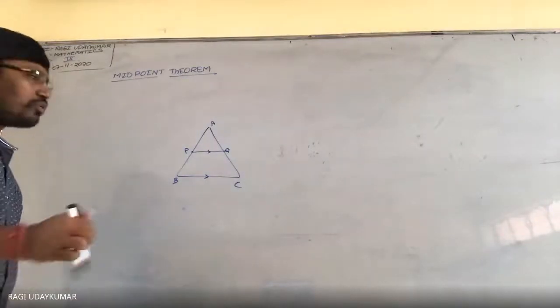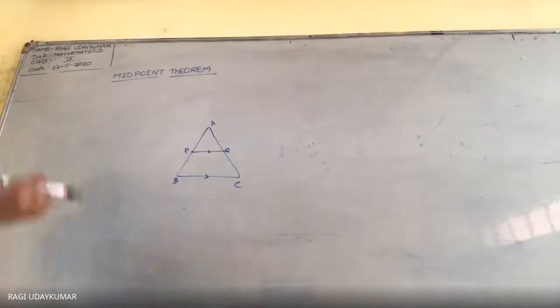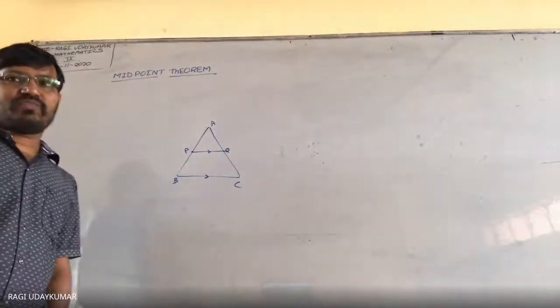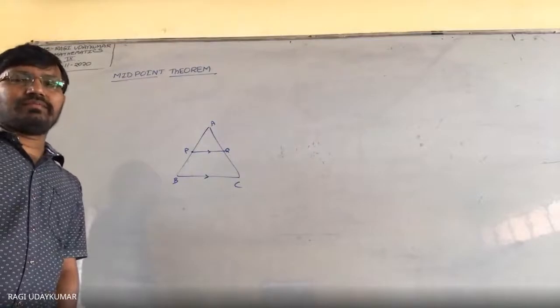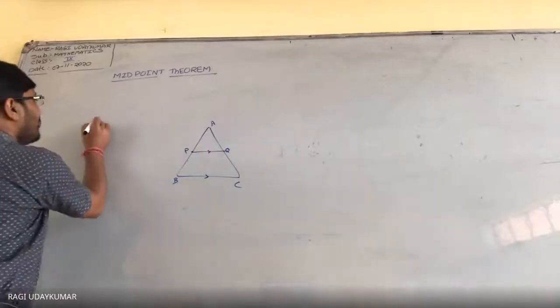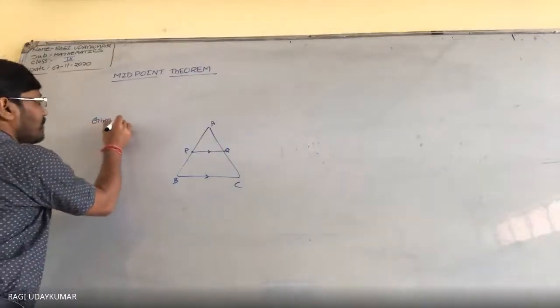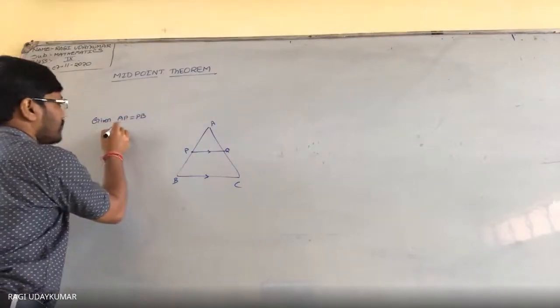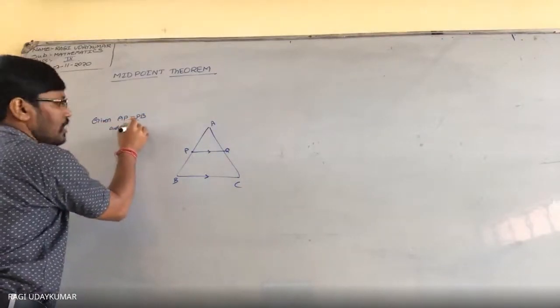So can you guess this theorem proof? How can we prove this one? Sir, what is to prove here? Given, okay, I am writing here. Given AP is equal to PB, and PQ is parallel to BC.